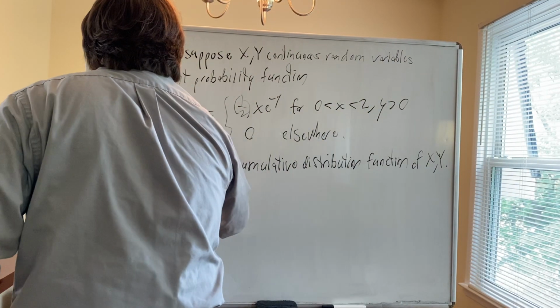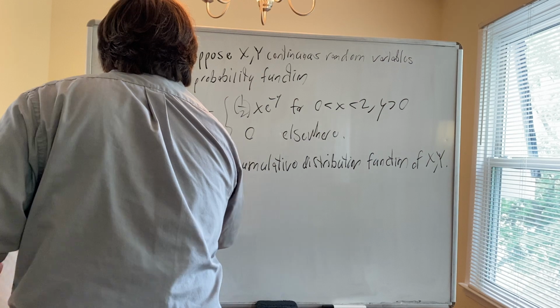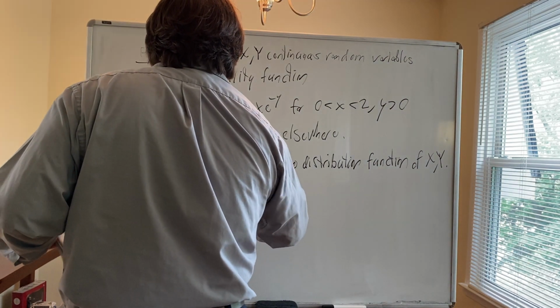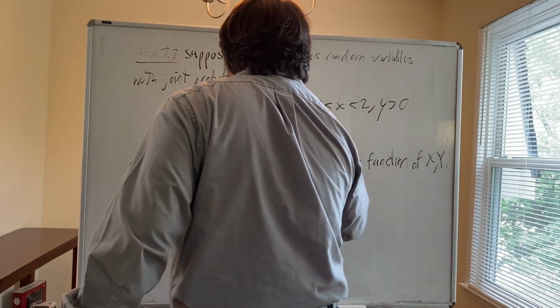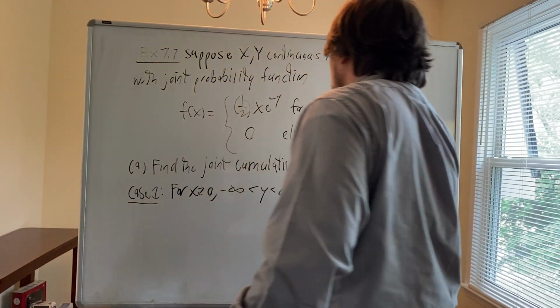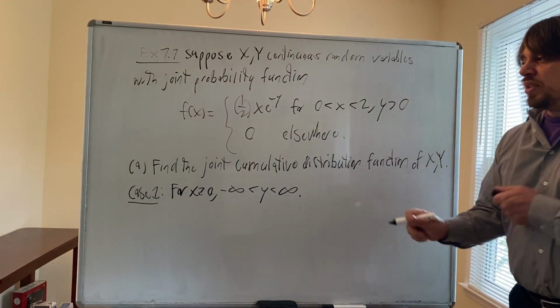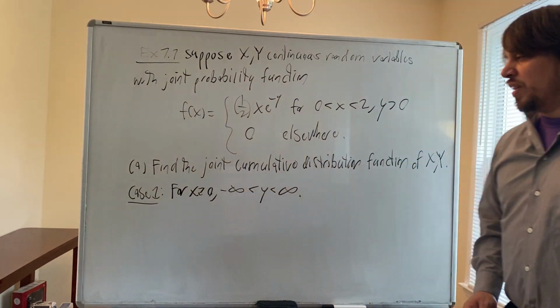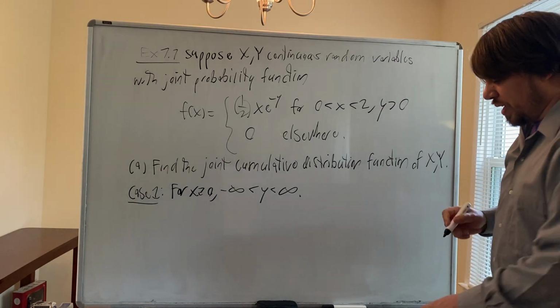For case 1, we're going to consider x greater than or equal to 0 and any real number y. We're going to restrict the values of x and y that we're considering to x greater than or equal to 0 and any real number y.